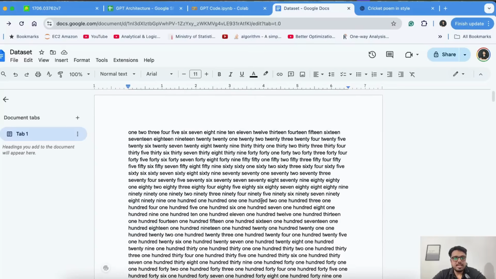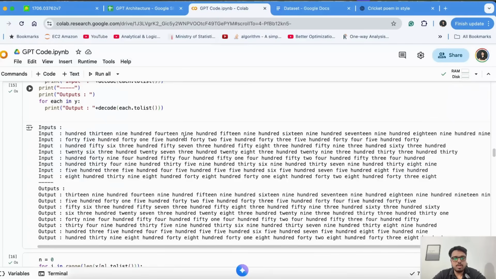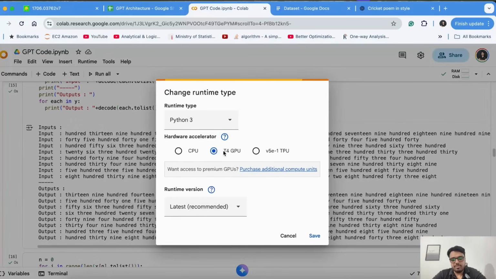Now, obviously this does not have any practical application as such, but this is just from an educational and learning perspective, and to ensure that whatever transformer architecture we will be training can be coded up on a simple Google Colab notebook using the free to use GPUs that Google Colab provides.